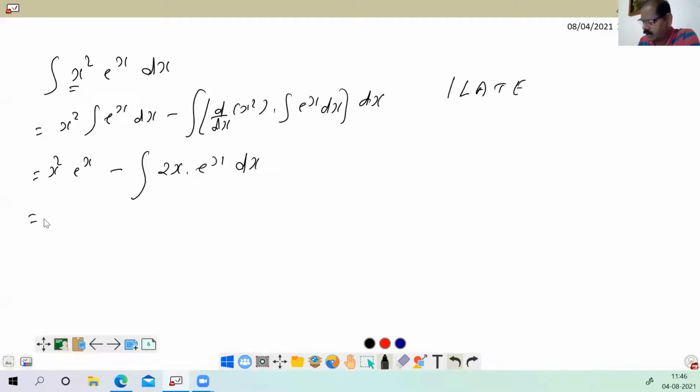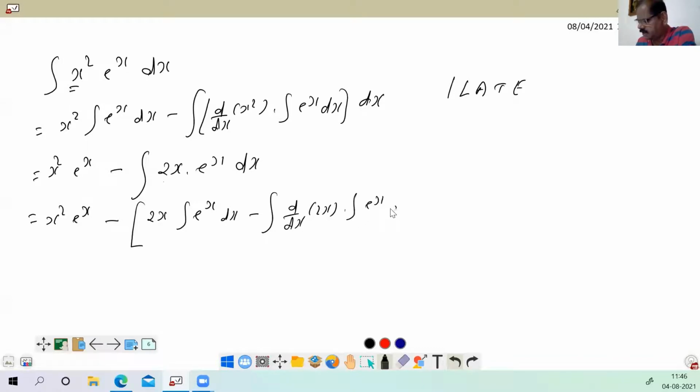So here it is the product of two functions, so again we have to use the integration by parts method. So this is x square e raised to x minus, after the minus I am putting a bracket here. The 2 can be taken out, no problem, but 2x is the first function into integral of the second function, dx, minus integral of derivative of 2x into integral of e raised to x dx, into dx.